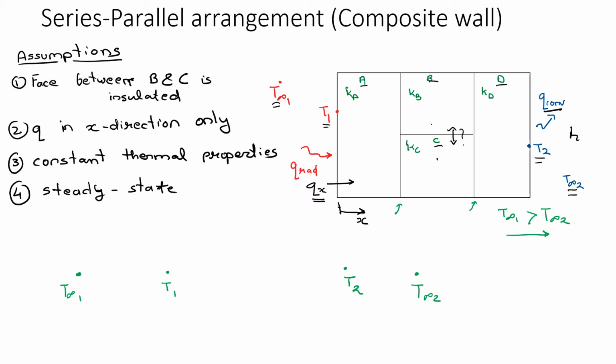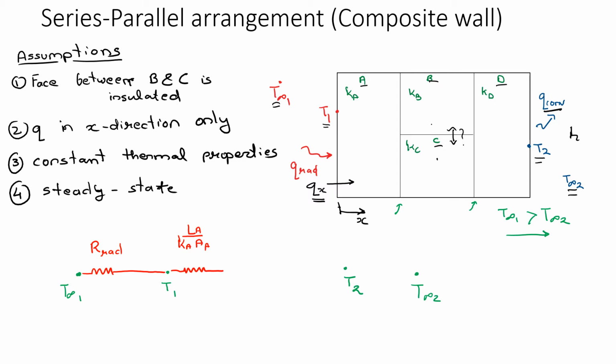The resistance between T infinity 1 and T1 is due to radiation, so I will call it R rad. We have a resistance due to block A, which is due to conduction, and we know that the resistance due to conduction will be the length of block A divided by the thermal conductivity of block A times the area of block A.